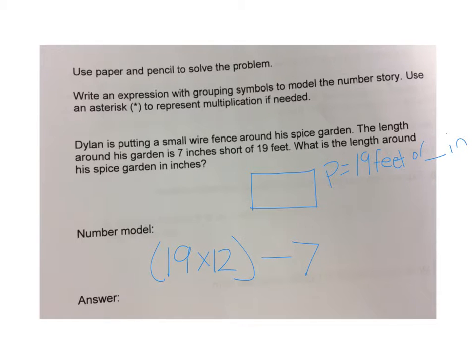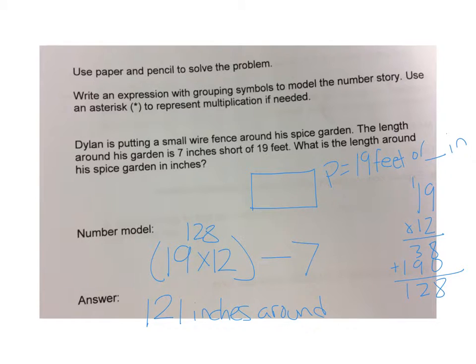So I'm going to use whatever multiplication strategy that I'm comfortable with. 228 inches minus 7 would be 221 inches around.